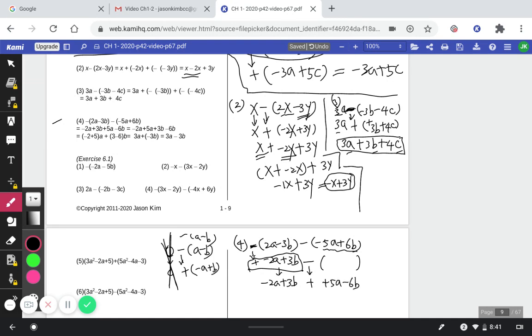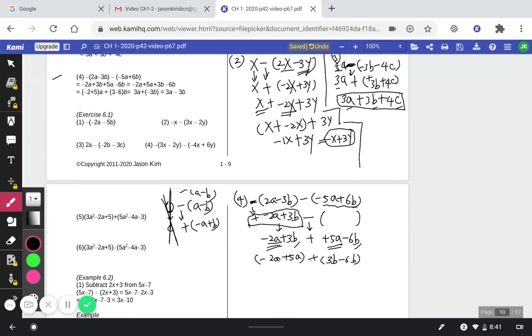Now you combine the like terms, a's together and b's together. So now I'm going to use parentheses to group them. So negative 2a plus 5a and combine 3b minus 6b.